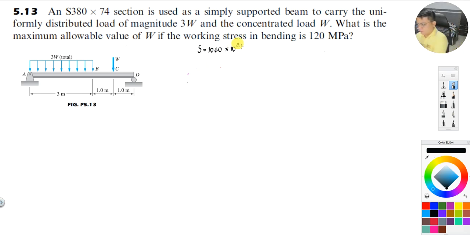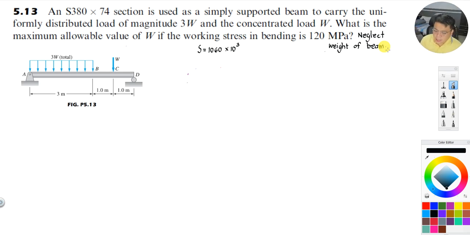Okay. So also for this problem, you may neglect yung weight ng beam. Dapat na merong neglect weight of beam. Neglected yan, kasi nagbigay may loadings tayo eh.